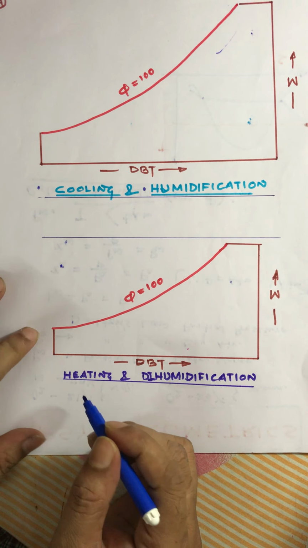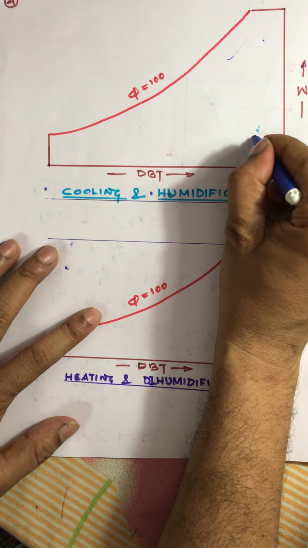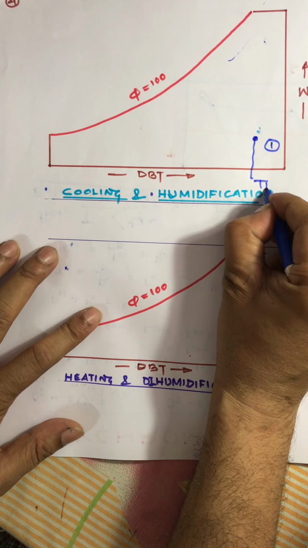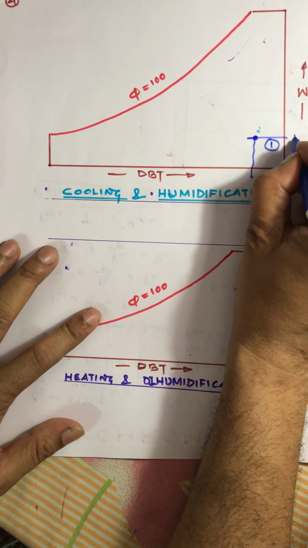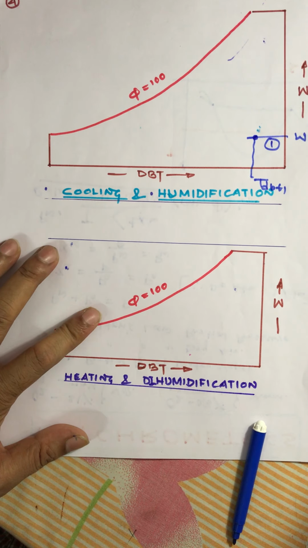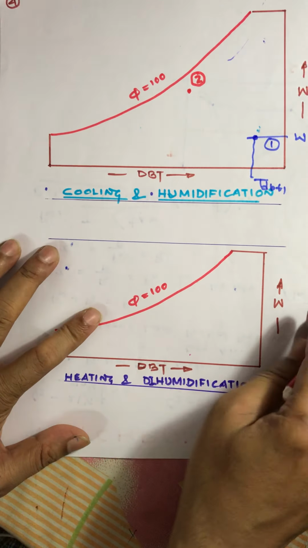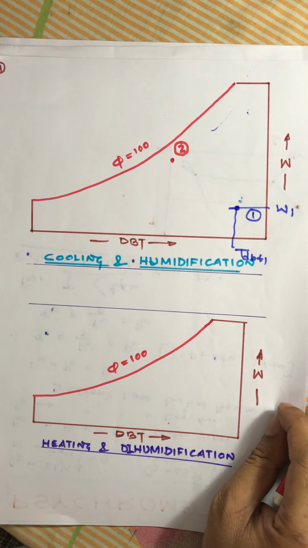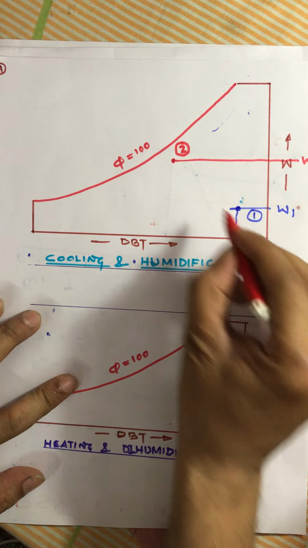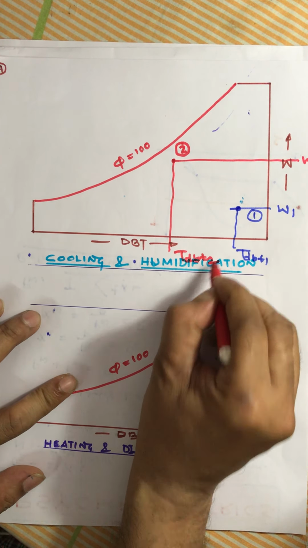So, suppose this is the initial point 1, with dry bulb temperature T1 and W1, and suppose this is the final point 2, with W2 and dry bulb temperature T2.